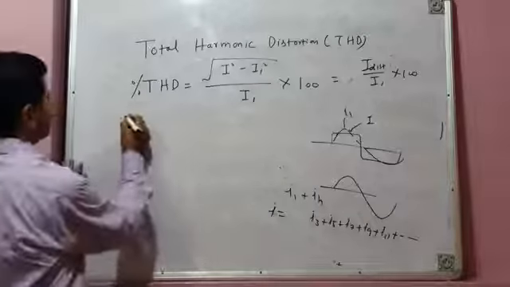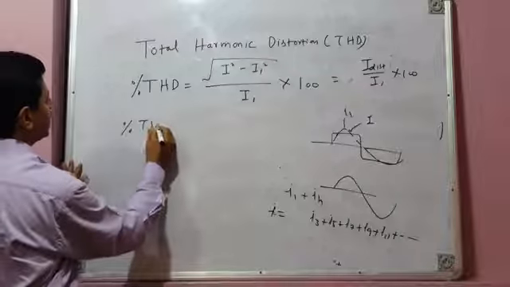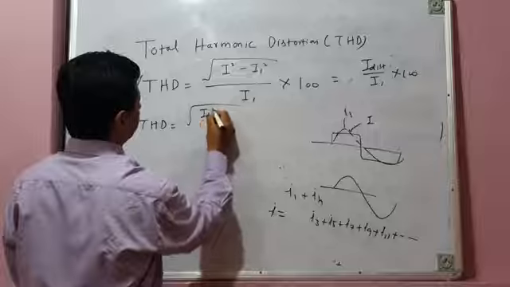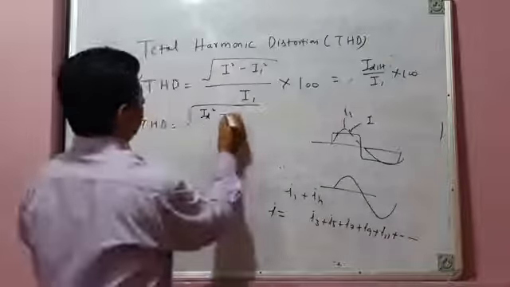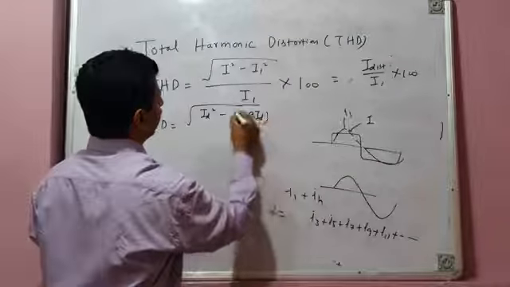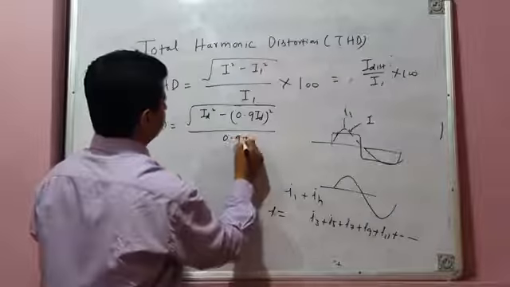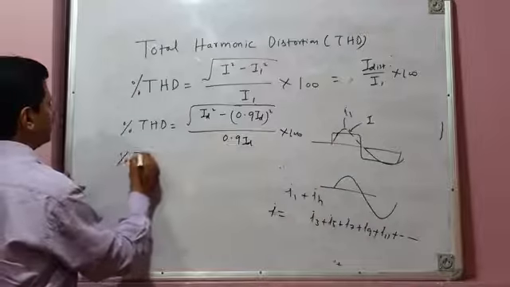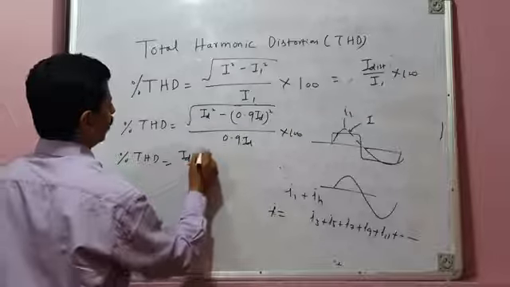So for a sufficiently inductive load, what is percentage THD? We have seen that the RMS value of source current is ID, and what is I1? Just a few moments back we found that I1 is 0.9 ID. So THD is under root of ID square minus 0.9 ID square, divided by 0.9 ID, multiplied by 100. If you take ID out, what will you get inside?